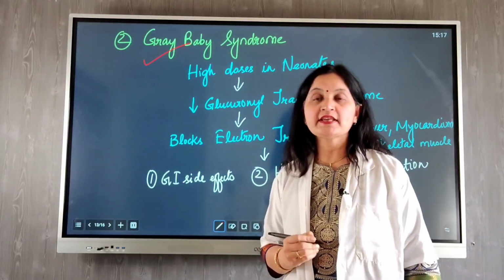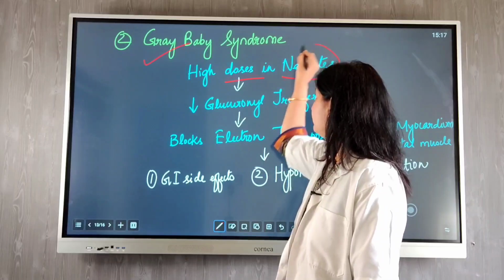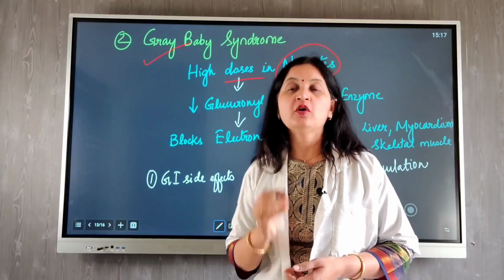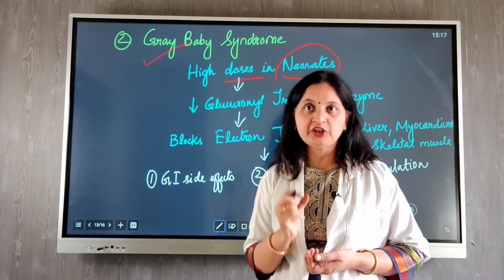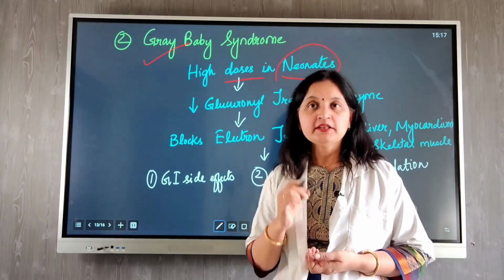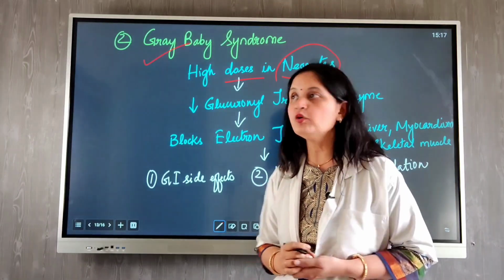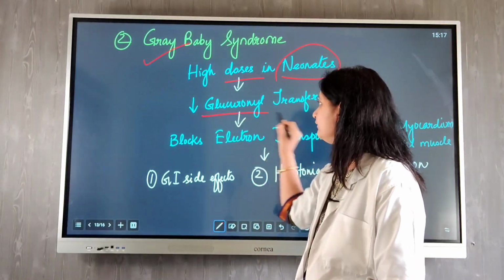The next serious consequence of chloramphenicol is grey baby syndrome. This occurs with high doses of chloramphenicol in premature infants and neonates. This is because the liver is immature, so there is decreased glucuronyl transferase enzyme activity.